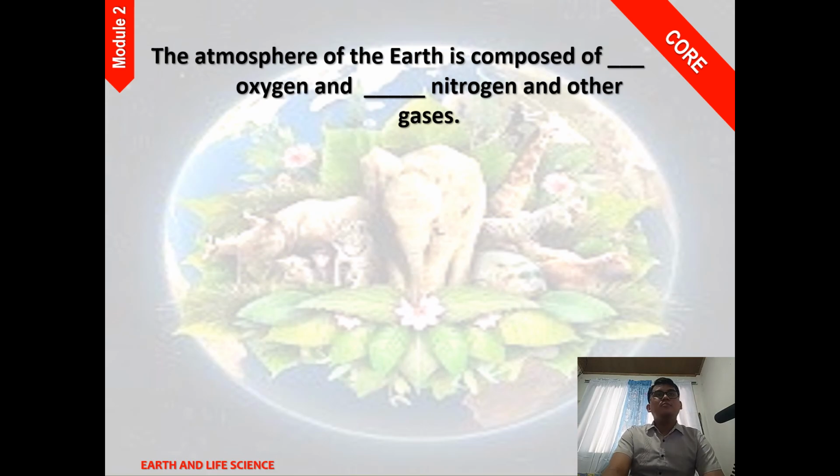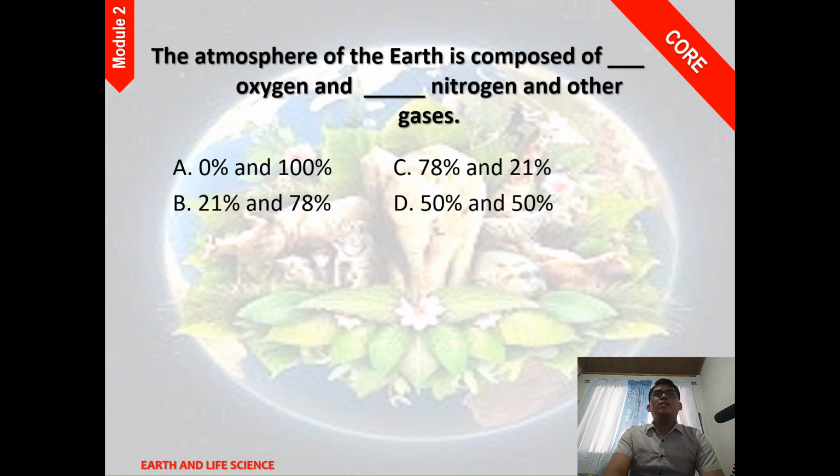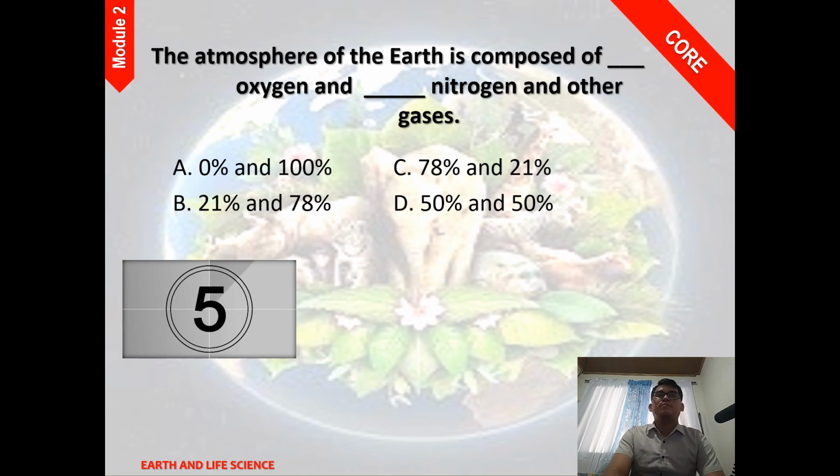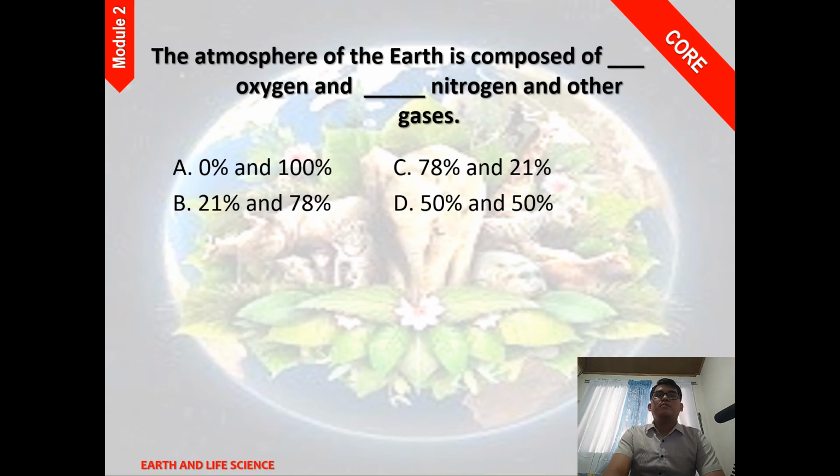Question 4: The atmosphere of the Earth is composed of blank oxygen and blank nitrogen and other gases. A. 0% and 100%. B. 21% and 78%. C. 78% and 21%. Or D. 50% and 50%. The correct answer is 21% oxygen and 78% nitrogen.